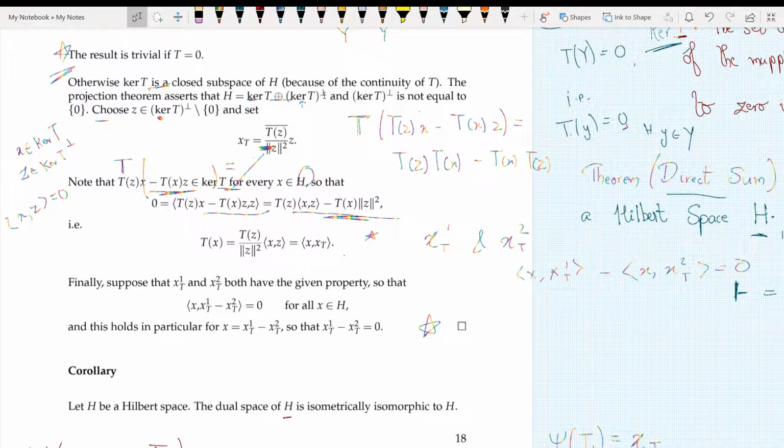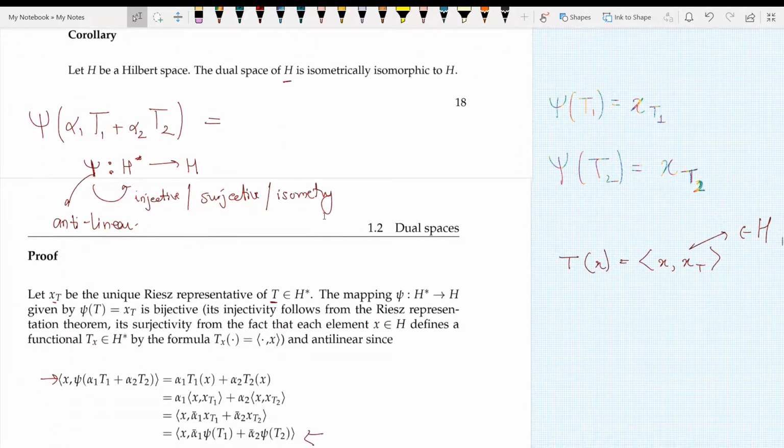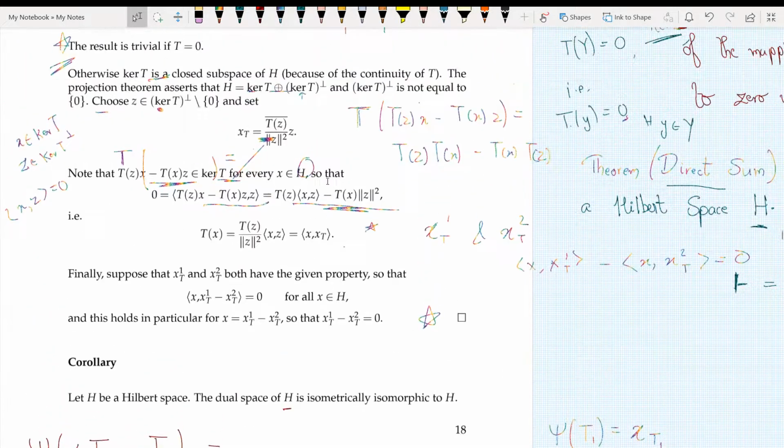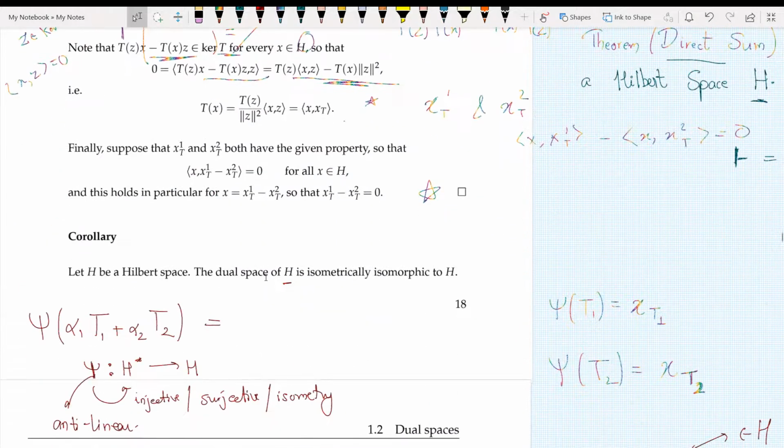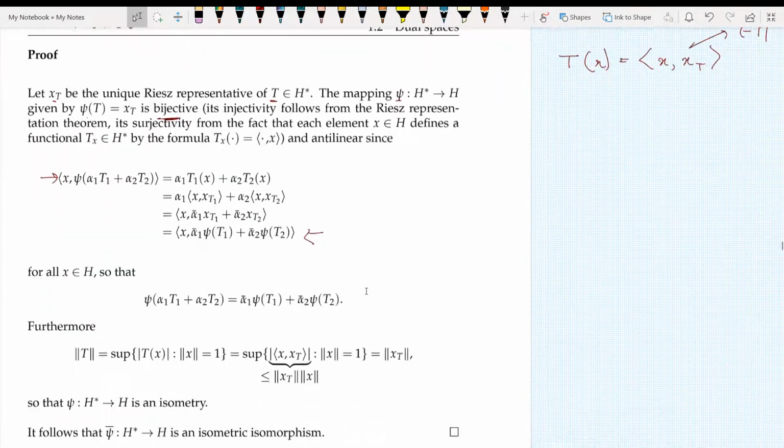Now, in order to prove that the dual space of H is isometrically isomorphic to H, all I need to do is make use of my Riesz representation. We have done this kind of thing before, so it should be easier to understand. If I have my mapping psi from H star to H given by psi of t equals x_t, this is bijective. Its injectivity follows from the Riesz representation theorem, because there exists a unique element x_t.